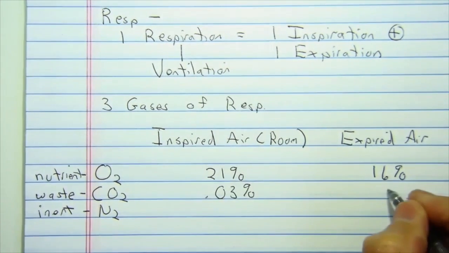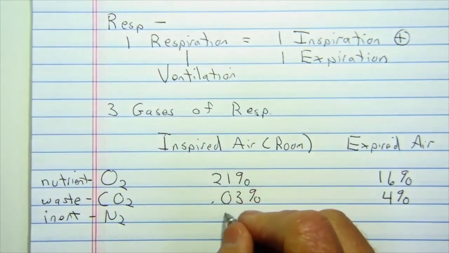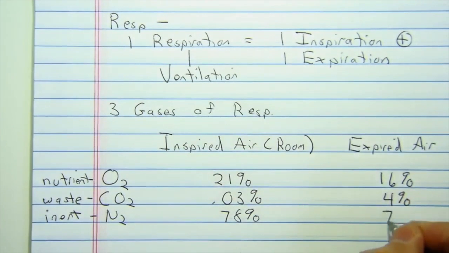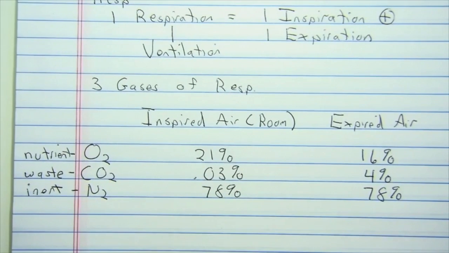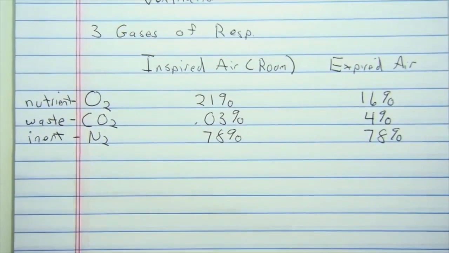We're going to expire out approximately 4%. And then nitrogen, which is our inert gas, is going to be approximately 78% coming in and 78% going out. And of course, there are some other small amounts of other gases, but they're not really significant for this course.